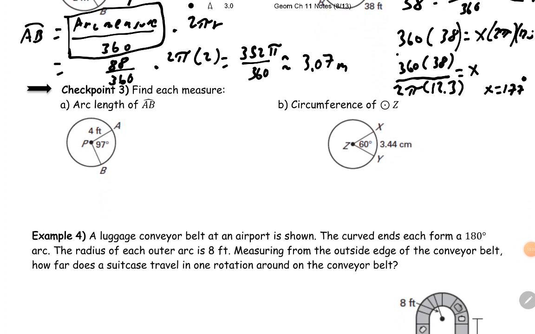Alright, let's do some more. So we're looking for the arc length, the distance from A to B around the circle here. Arc length is equal to arc measure, which is 97, over 360 times 2 times pi times r, which is 4.